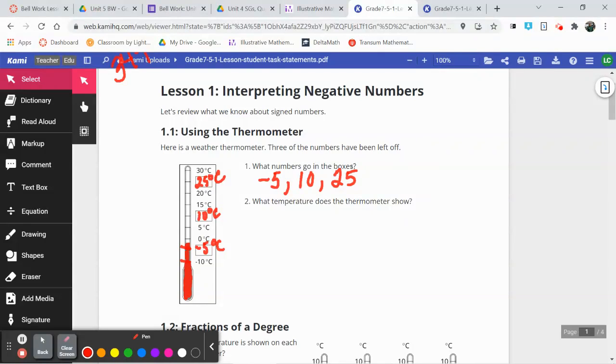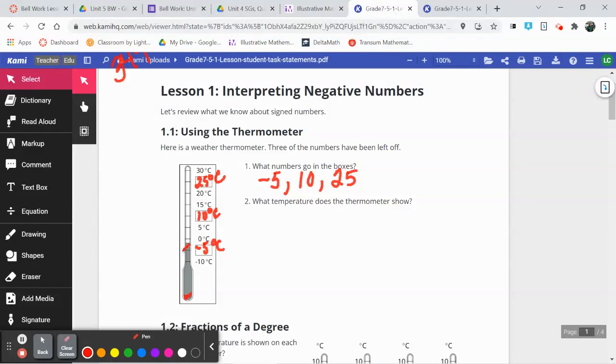Now it wants to know, what temperature does the thermometer show? Well, it's above -5 on the way to 0, but it's not quite there, is it? So we have to decide about where we think it is. It's pretty close to 0. I'm going to erase my little red things so you can see where we're at. That's -5 right there.